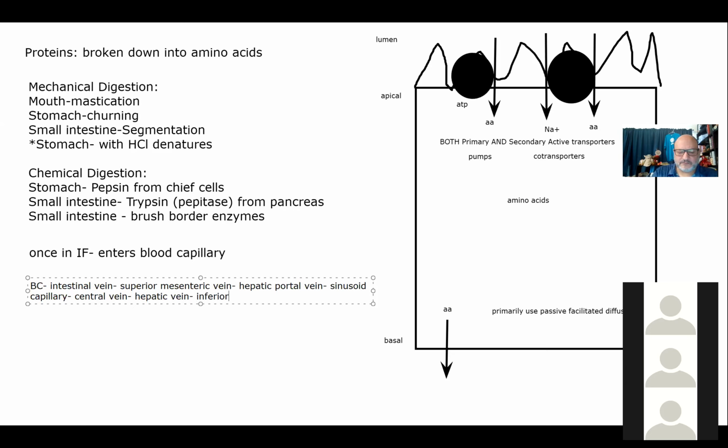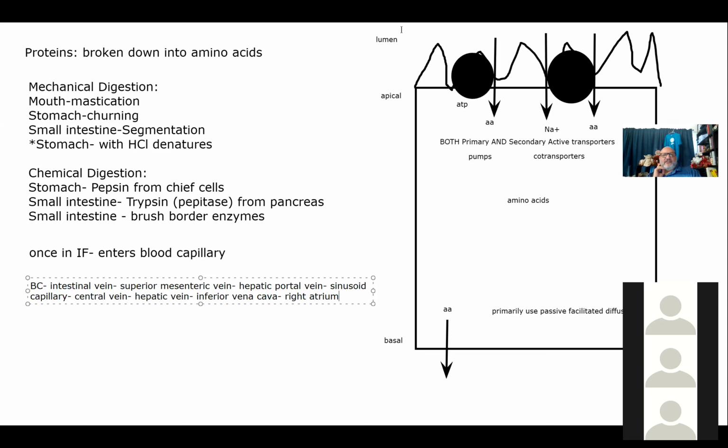Inferior vena cava. Which feeds into? Right atrium of the heart. Perfect. There you go. At least someone's got it down. Excellent. Glad to hear that. And there you go. Just that easily, we have identified the process and the pathway for our amino acids for protein absorption.